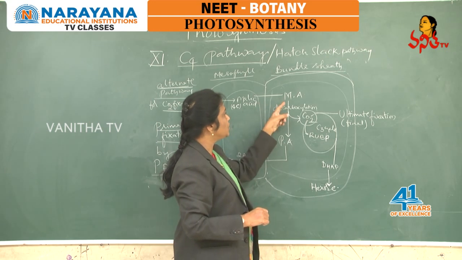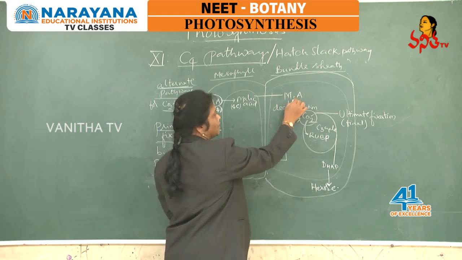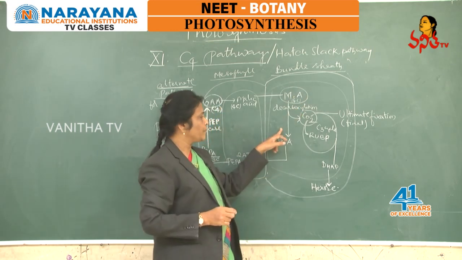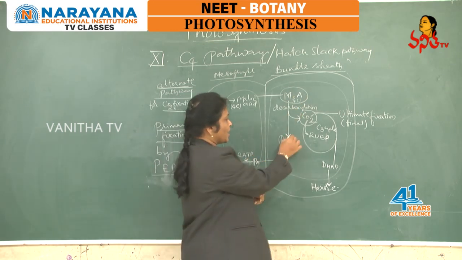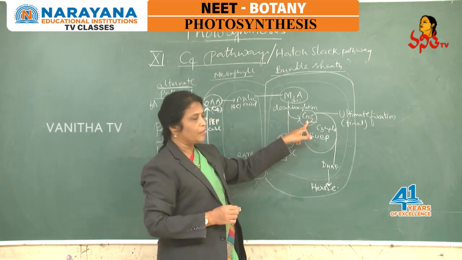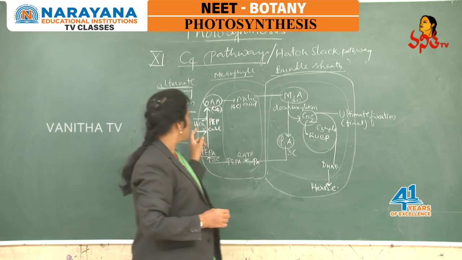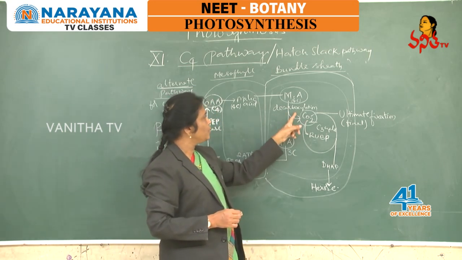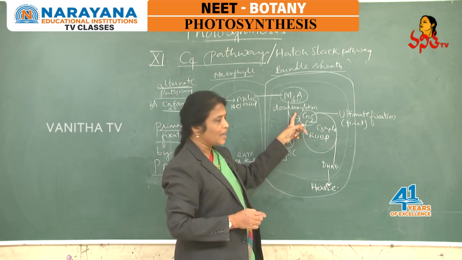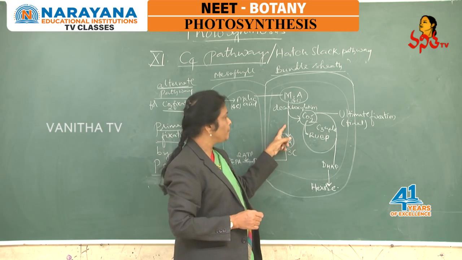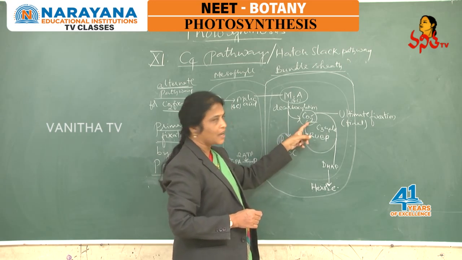There in the bundle sheath chloroplast, malic acid, that 4-carbon acid, undergoes decarboxylation and is converted into pyruvic acid, which is a 3-carbon organic acid, while evolving carbon dioxide. So whatever carbon dioxide was fixed in the mesophyll cells entered the bundle sheath in the form of malic acid, but the malic acid there undergoes decarboxylation and again releases that carbon dioxide.